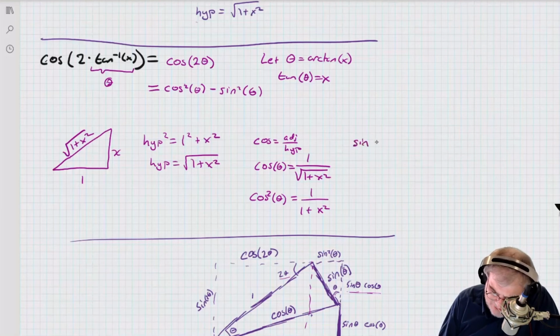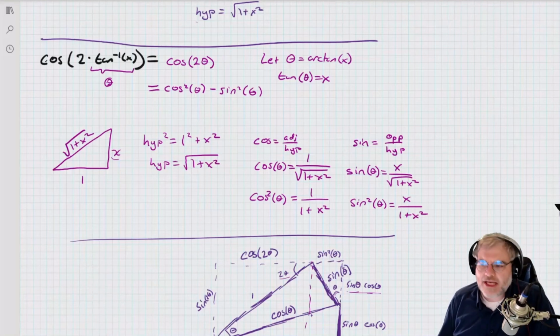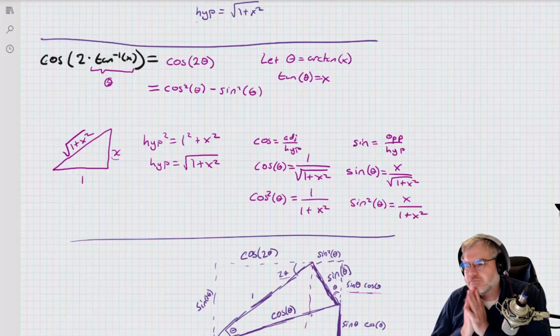Sine, on the other hand, equals the opposite over the hypotenuse. So sine of theta equals x over that whole business again. So sine squared of theta equals x squared over 1 plus x squared. And look at that. They even come in a common denominator for me.